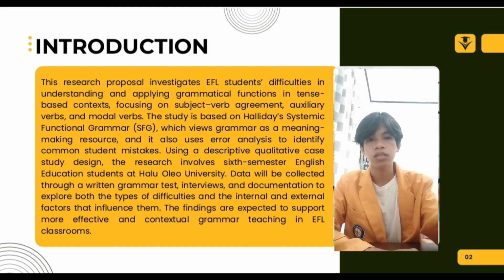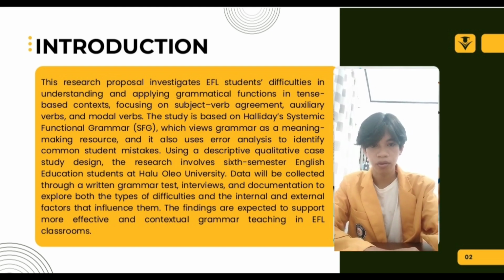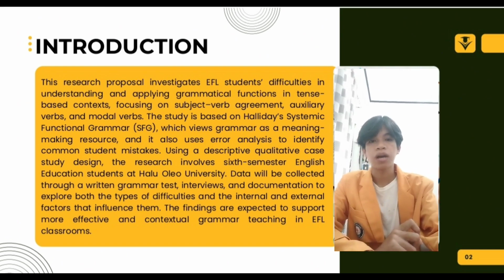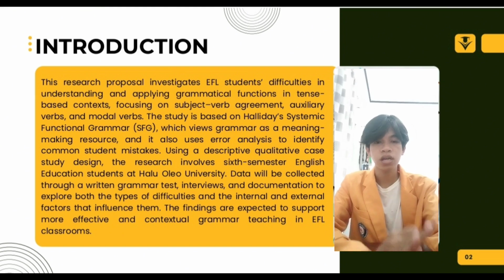On my research, we're going to talk about the background. In my background of the study, the core discussion is that grammar is a crucial element in English learning, especially in EFL context, as it helps students construct sentences accurately and meaningfully.